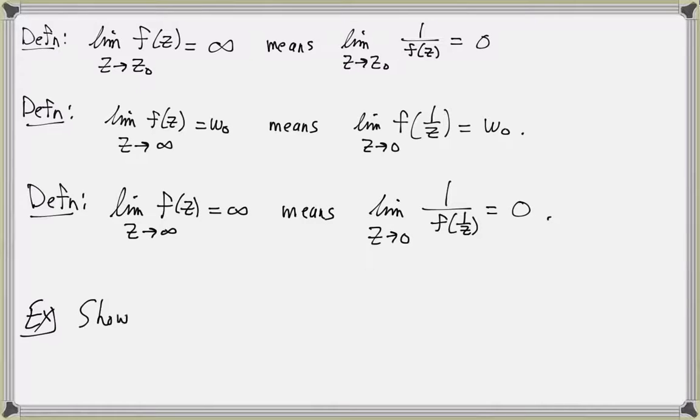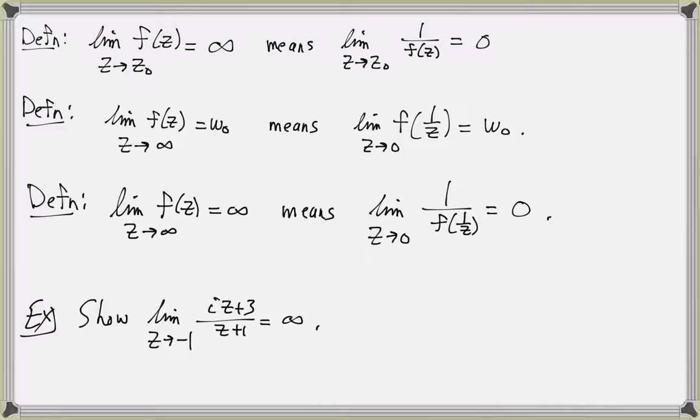First, I'm going to show that the limit as z approaches -1 of (iz + 3) over (z + 1) equals infinity. So to show this, I'm going to show that the limit of the reciprocal is equal to 0 as z approaches -1.